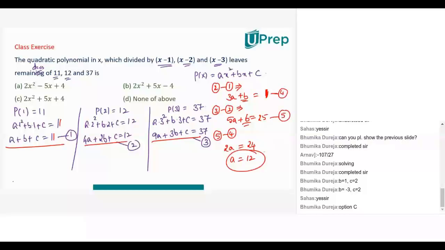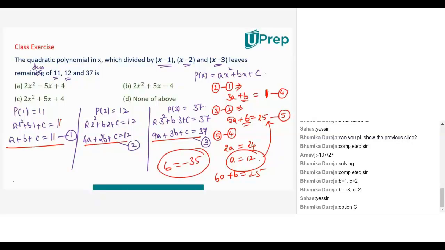Take this a value and go to any of these equations. 5 into a, 60, plus b equal to 25. That gives me b equal to 25 minus 60, minus 35. I got the b value also.